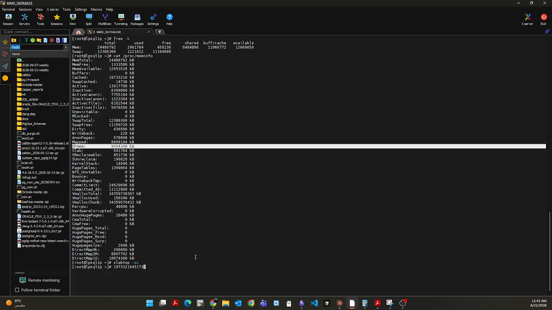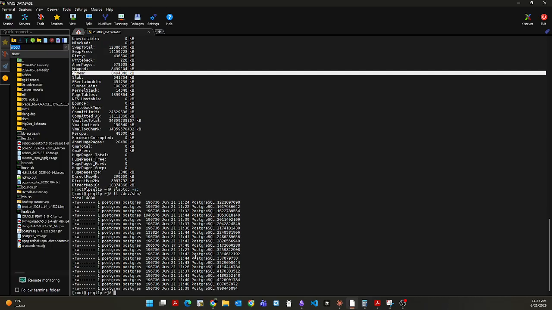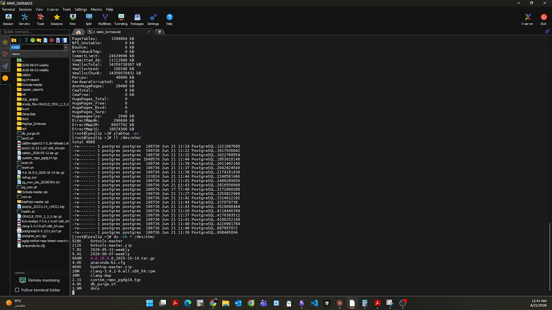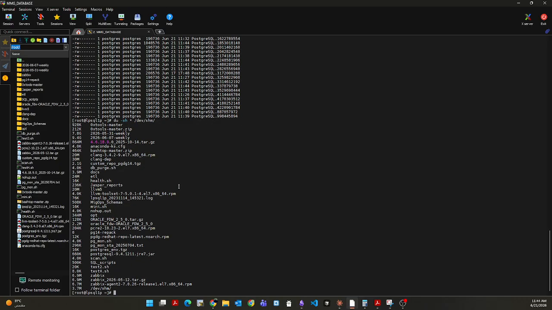For example, here you see, since this is a Postgres server, if we go to /dev/shm, you see all those files. Let's do du -sh. Those are all the files that exist in the shmem.